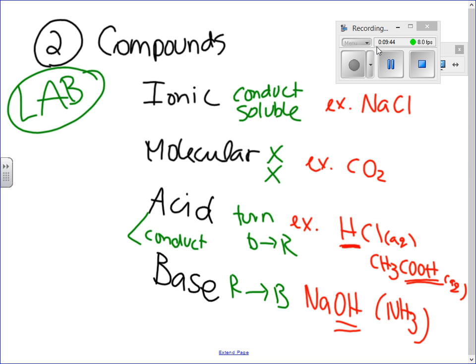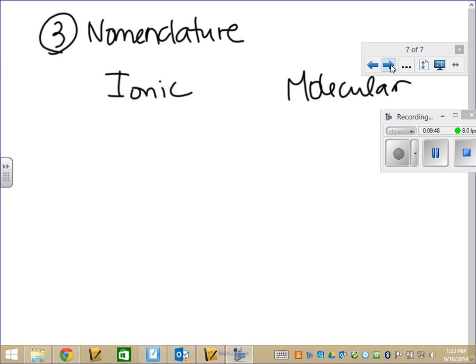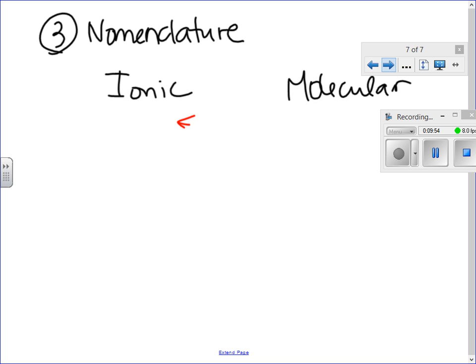The last thing then that's on the quest is naming. And so we just did this, but just to recap, for both ionic and molecular, you have to change the suffix. The only exception to that is in polyatomic ions.